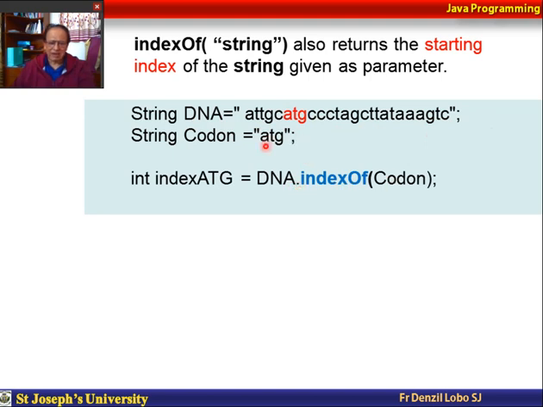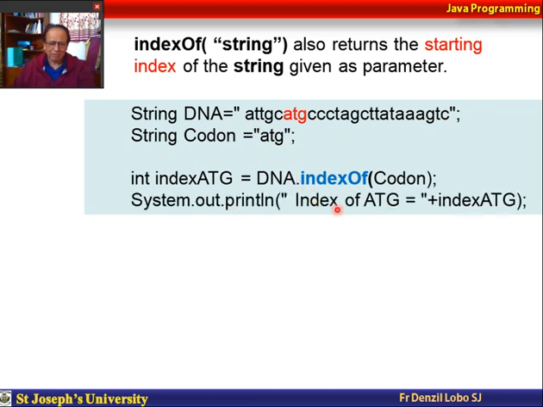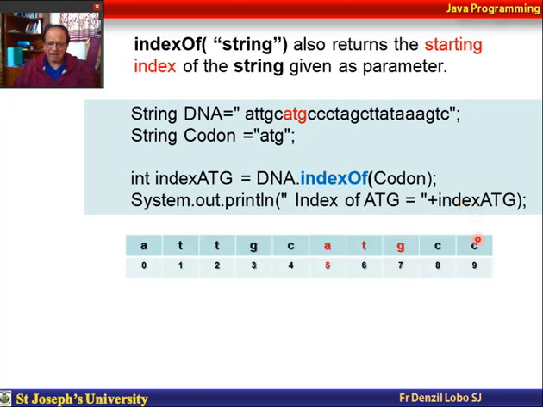Codon is assigned ATG, and now it is going to return, and you can print, the index of ATG is equal to the index of ATG. And what is the index of ATG? As you see here, ATG starts at 5. Therefore, naturally, it is going to return 5. That is the starting index of this string codon in this DNA sequence.